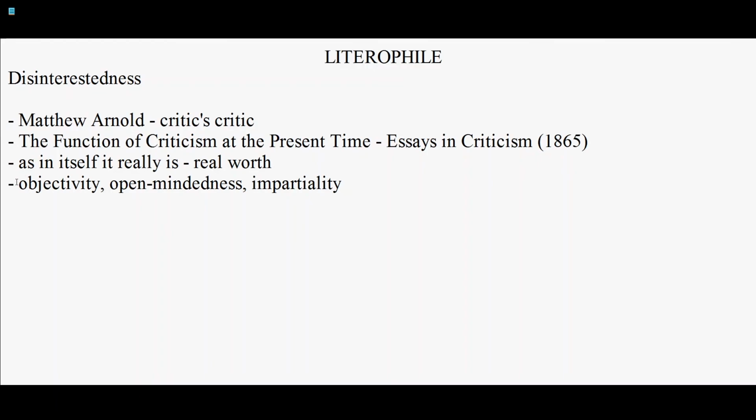And that quality is what he refers to as disinterestedness, a kind of detachment to the work of art, and a kind of objectivity or open-mindedness, or even say impartiality to the work of art, so that he or she can observe the work of art and understand its actual real worth.